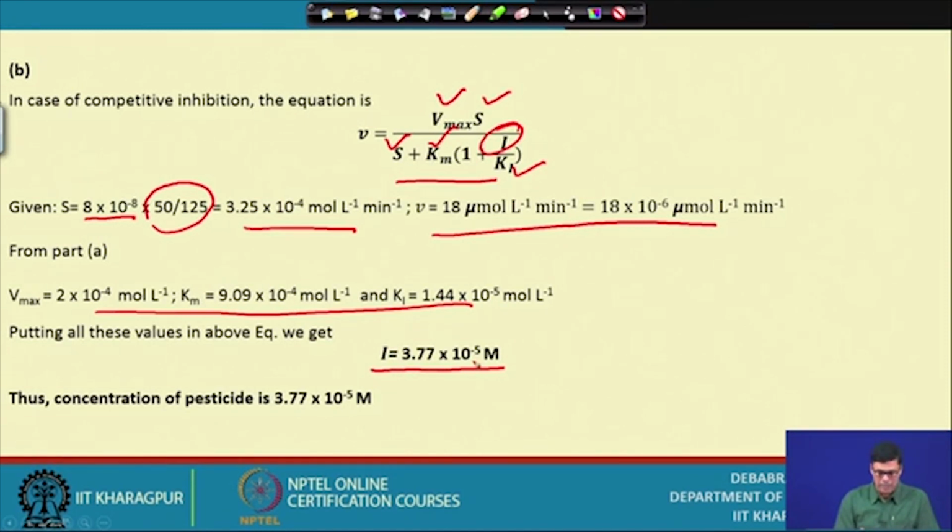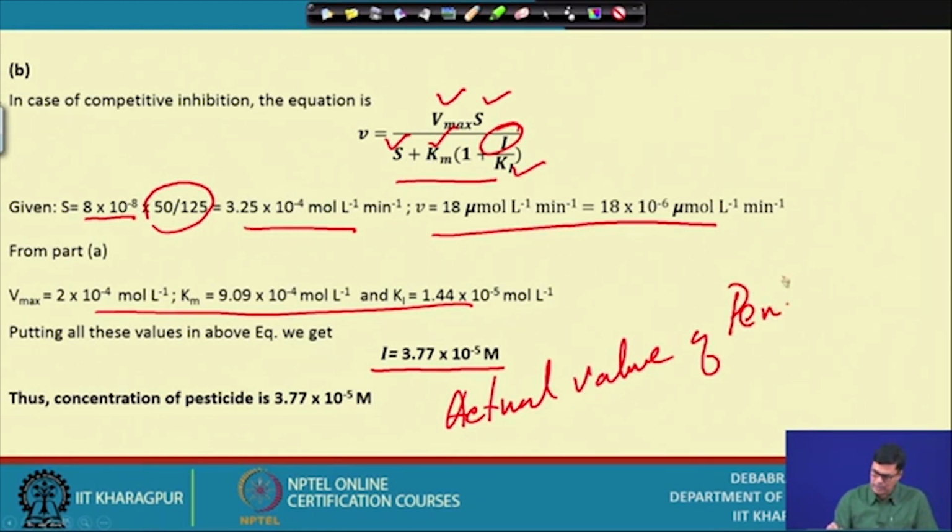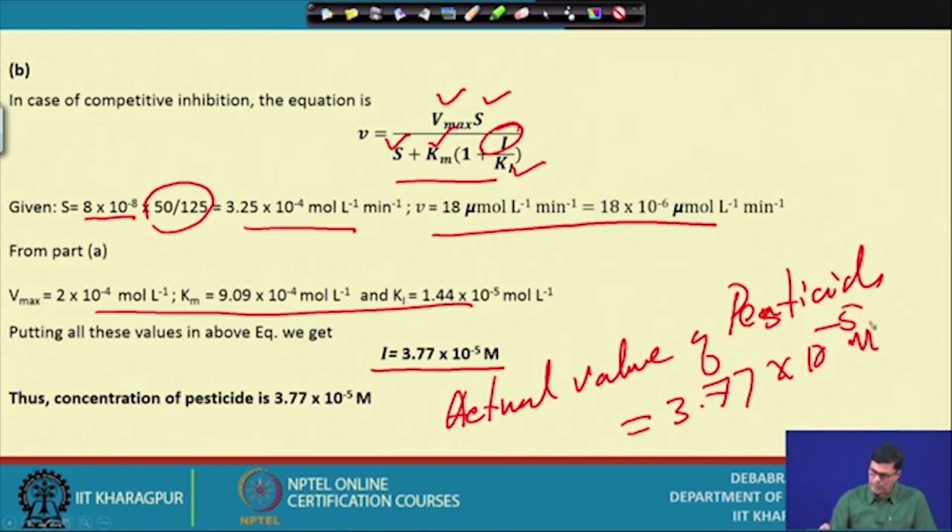From this equation, but what will the actual pesticide concentration be? If we find the I value, the actual value of pesticide will be 3.77 into 10 to the power minus 5 M into 125 by 50.